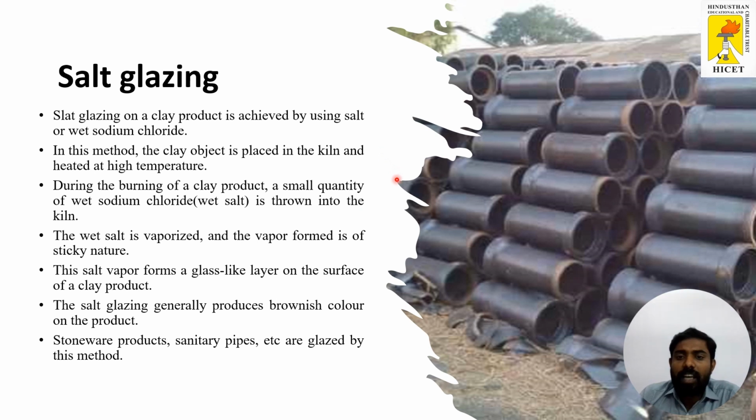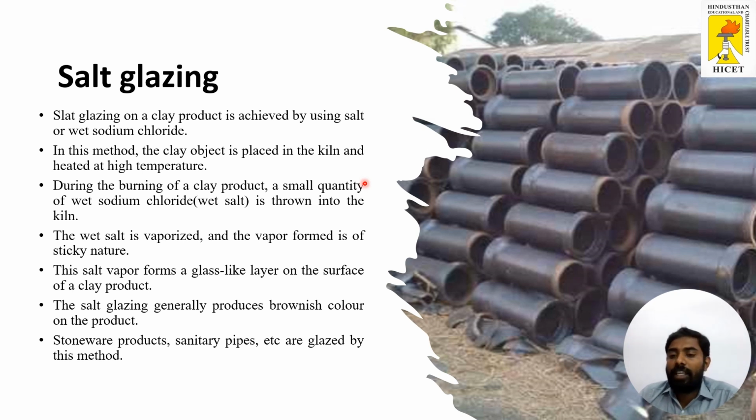Next one is salt glazing, and salt glazed pipes are shown here. Salt glazing on a clay product is achieved by using salt, or wet sodium chloride, and in this method the clay object is placed in a kiln and heated at a high temperature.